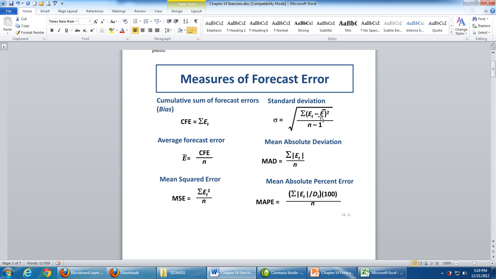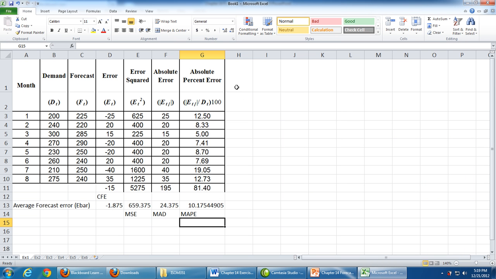So we are going to first find et minus e bar for each column, then square it, then add it together and then divide it by n. First, we're going to find et minus e bar and all together square it.